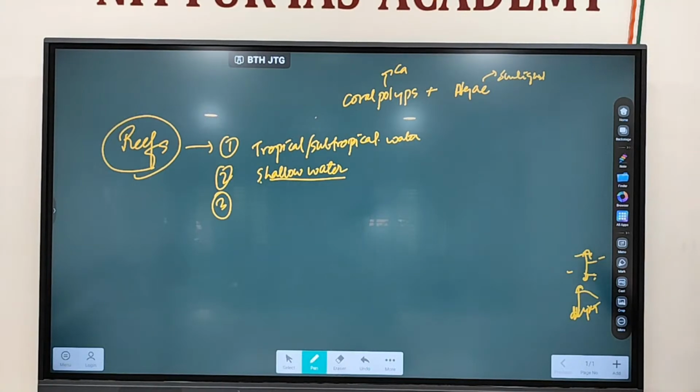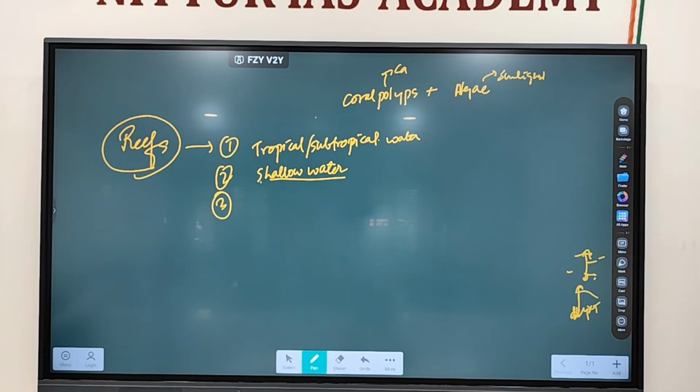That's why they are more found in the continental shelf region, because the shelf is where sunlight can penetrate. When you move towards the slope or the deep sea plain, sunlight does not penetrate much, and you don't see the formation of coral reefs. So they are found in shallow water and tropical or subtropical water.